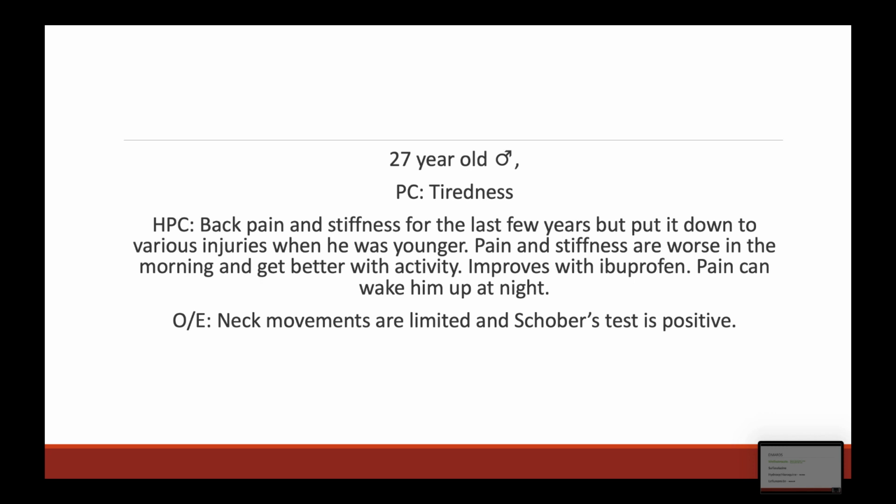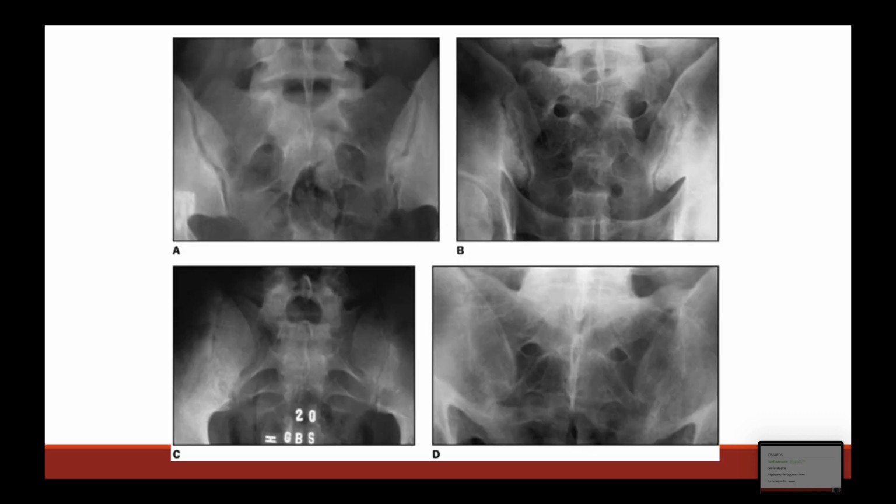The neck movement is limited and Schober's test is positive. What's your top diagnosis? Take a moment to think. Having just spoken about seronegative conditions, of course the top differential in this case is ankylosing spondylitis. So what would your diagnosis and management be?